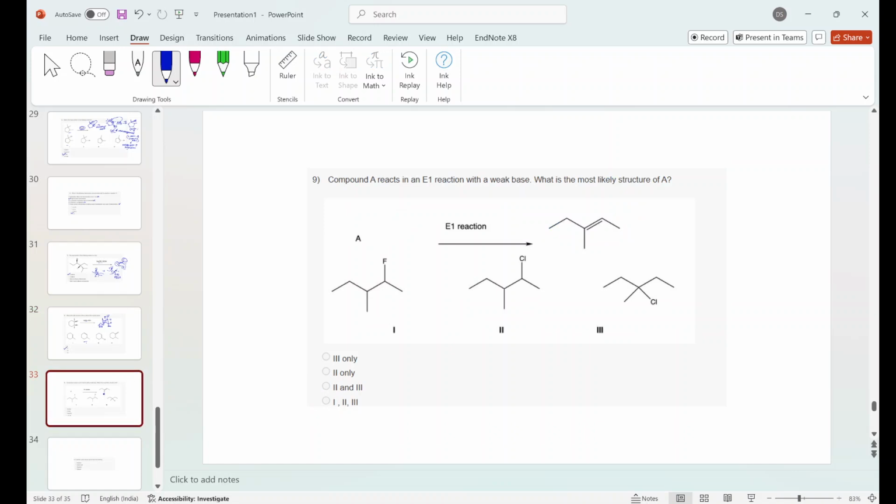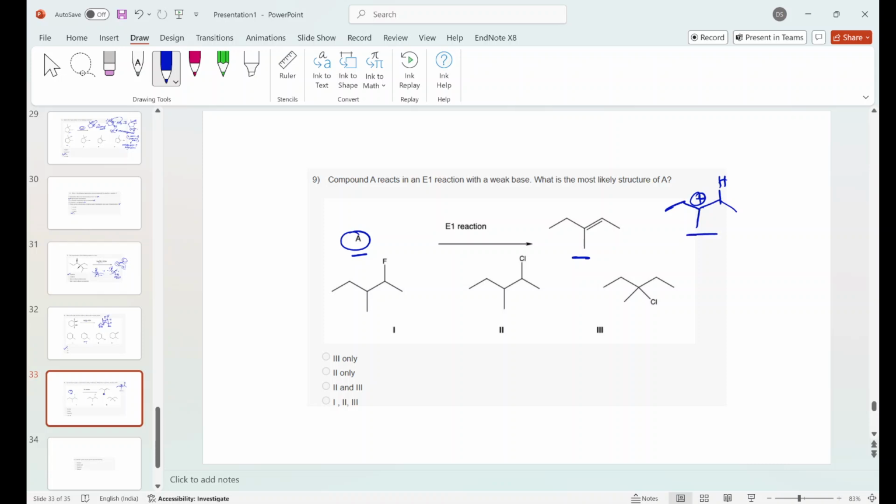Next question is compound A reacts in E1 reaction with a weak base. What is the most likely structure of A? You have to get the starting material right here. E1 reaction, that means there is one carbocation. So from which carbocation can it generate? Generate from either here. Okay, most likely.